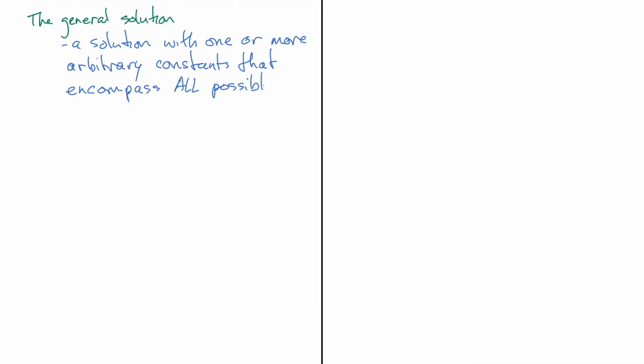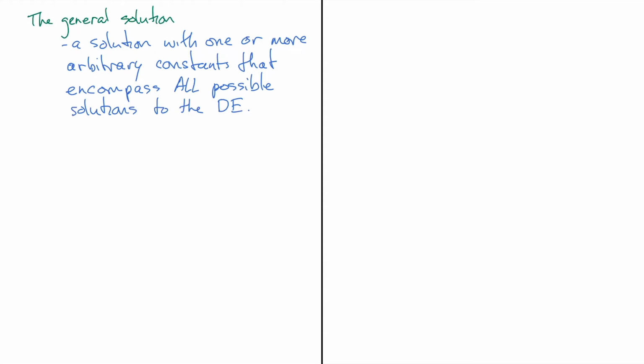Now, how do you know that you've got all possible solutions to a DE? That actually turns out to come down to the question of how many arbitrary constants do you have, and what is the order of a differential equation. A first order differential equation has one derivative, so somewhere in solving it, you'll end up with one integration constant, one arbitrary constant.